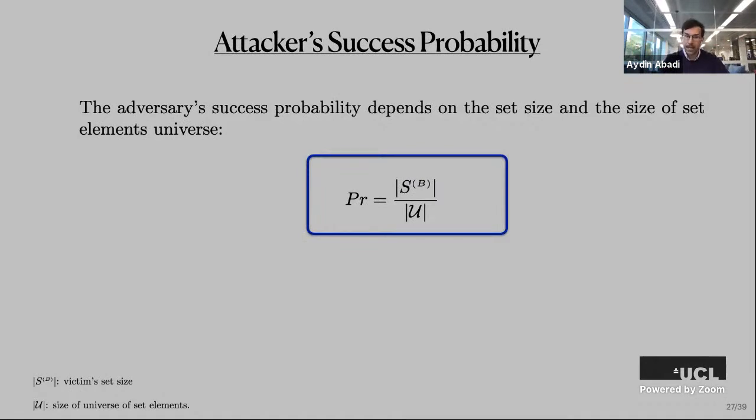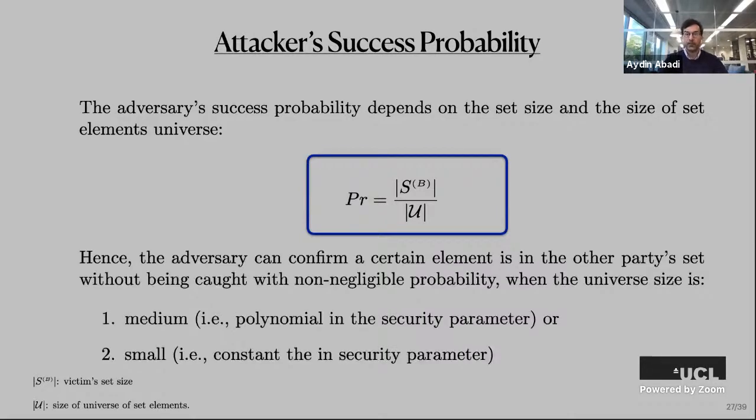So attack 2 is feasible if the size of the universe is medium or small. But more formally, when the size of this universe is polynomial or constant in the security parameter. In these cases, the adversary can succeed with a non-negligible probability.